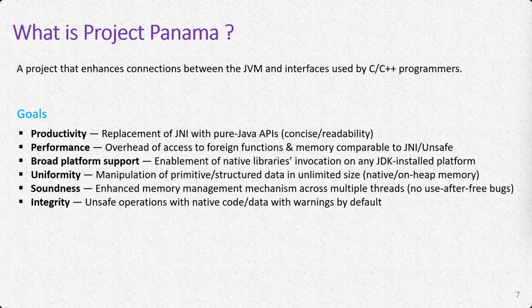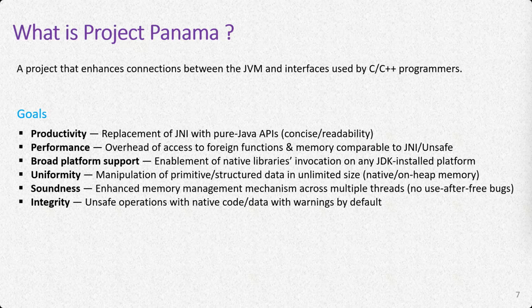So it becomes easier to extend the support to any platform because everything with the native access is done with Java code, and you don't have to worry about the native code because the underlying specifics are hidden from users. The project intends to unify the operations on the primitive and the structured data in native without any limitations in size.